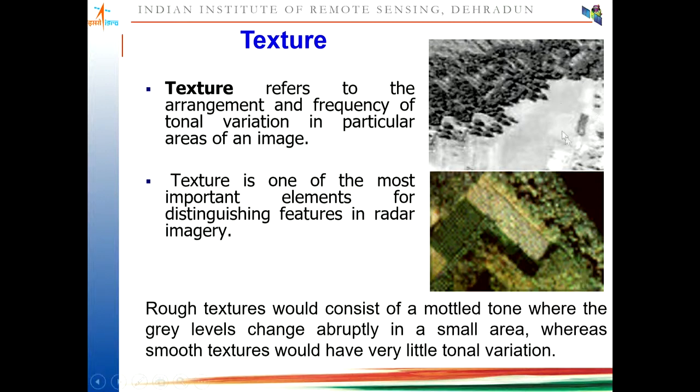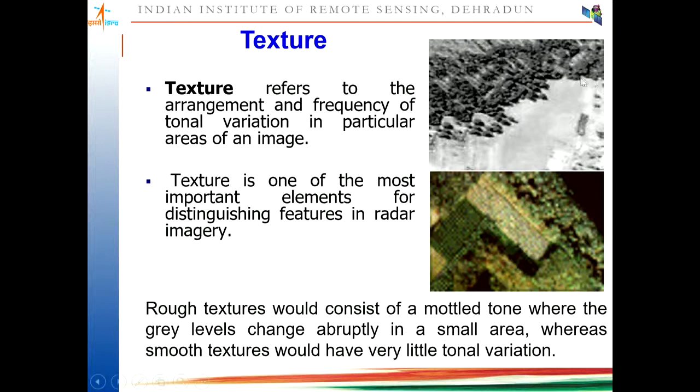Now, if you look at this, it is a homogeneous area, no tonal variations, so it appears visually smooth. So homogeneous areas where there is no frequent change of tone are texturally smooth when I'm visually looking at it.